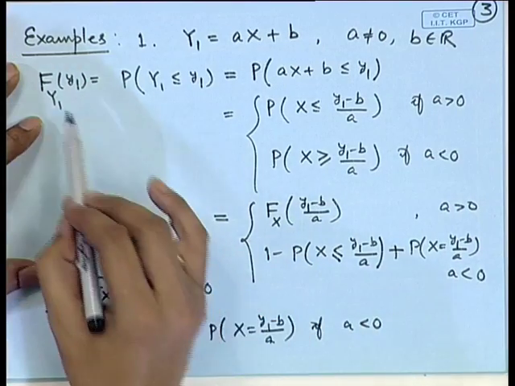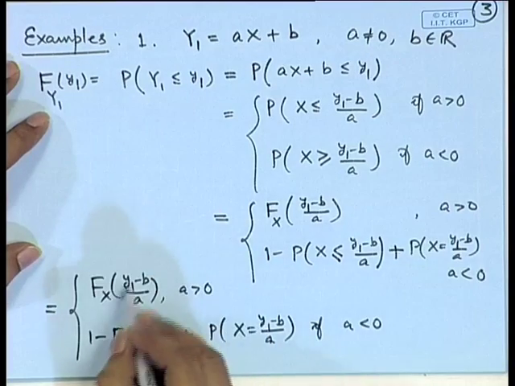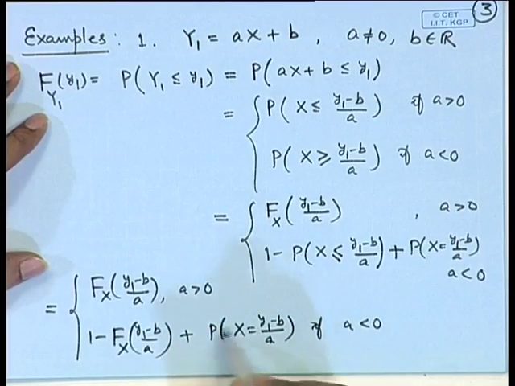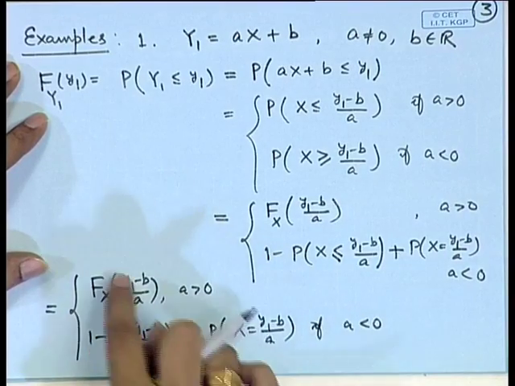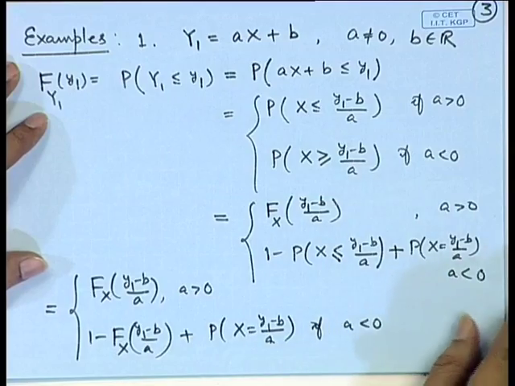Therefore, you can see that the CDF of y 1 is well determined. Another thing that we can note here is that if x is a continuous random variable, then this probability will be 0. So, we will have only these terms here.